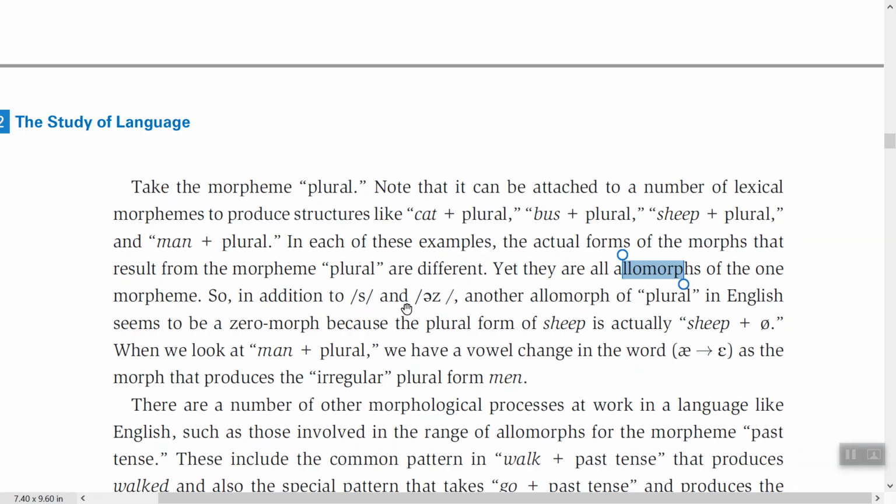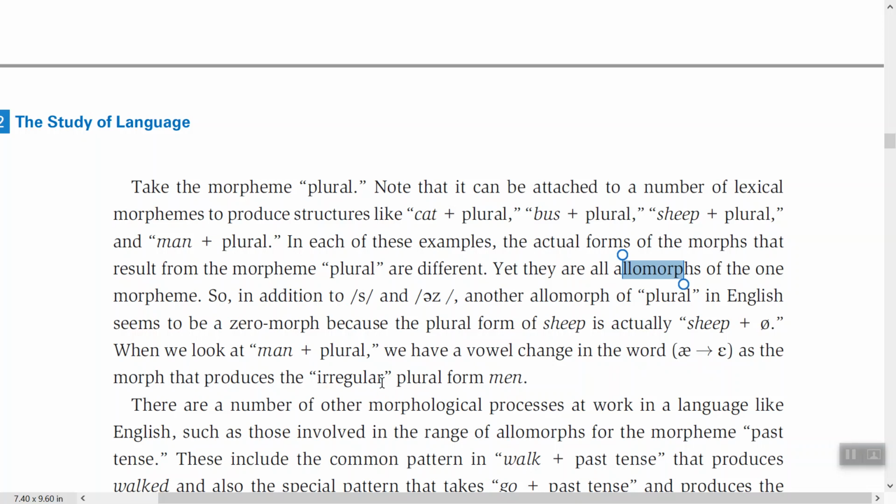In addition to s and es, which are two allomorphs of plural, English seems to have zero, or a zero morph. Sheep is a third, because the plural form of sheep is actually sheep plus zero, a symbol for zero. When we look at man, plural men, we have a vowel change, an irregular plural form. So then there are four allomorphs for one morpheme.